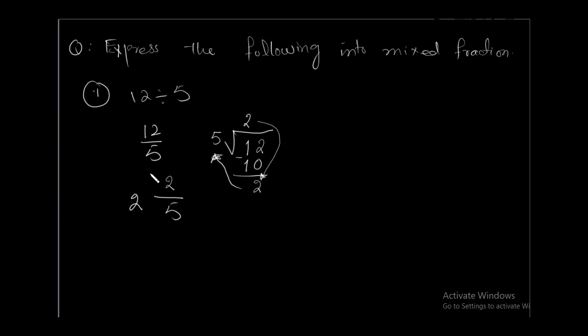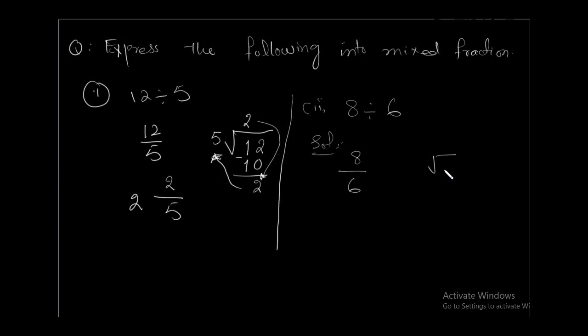So this is the whole scenario to convert an improper fraction into a mixed fraction. Let me write another example so that you people will get this easily. The second example is 8 divided by 6. So this question can be written like this: 8/6.